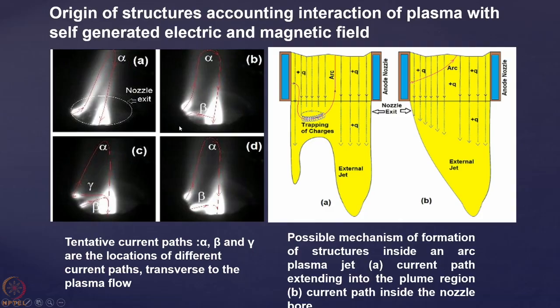Sometimes it is at 2 points like this, which is seen directly through fast photography, and this is a very common phenomenon. Sometimes there are 3 arc routes rather: one current is going like this, another is going like this, and another through the outward way like this one. It went into the space and then came back here.